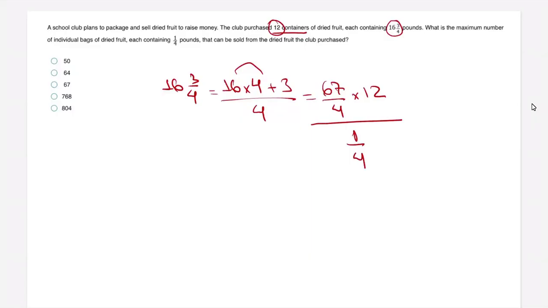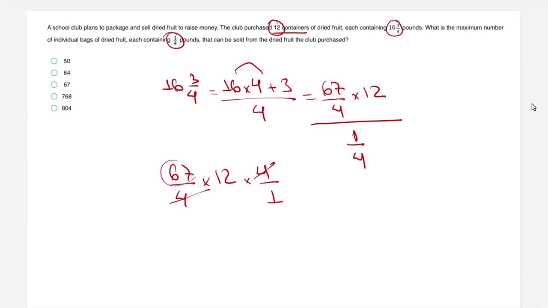And everything I will divide by 1/4. Okay? So look how this stays. Because you put in bags of 1/4 pounds. So 67/4 times 12, I copy the first one, multiply, invert the second one.